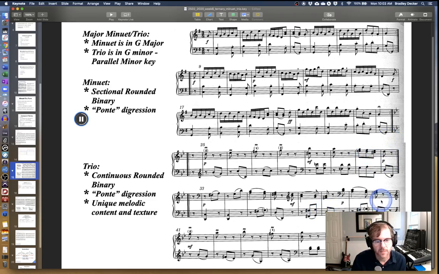Half cadence. Same material as the beginning of the trio, so it returns back to minuet. Digression because our first half did not modulate.